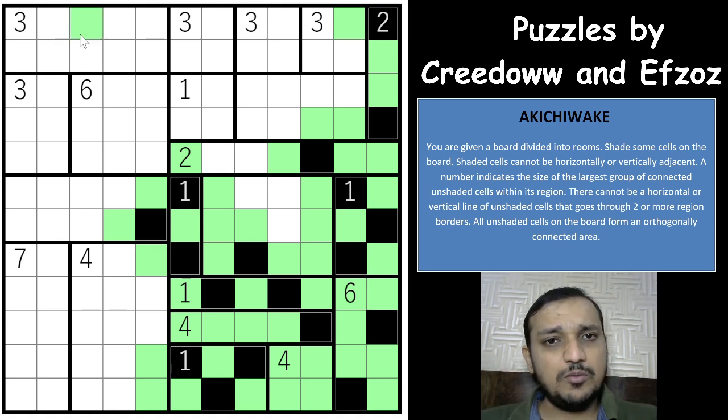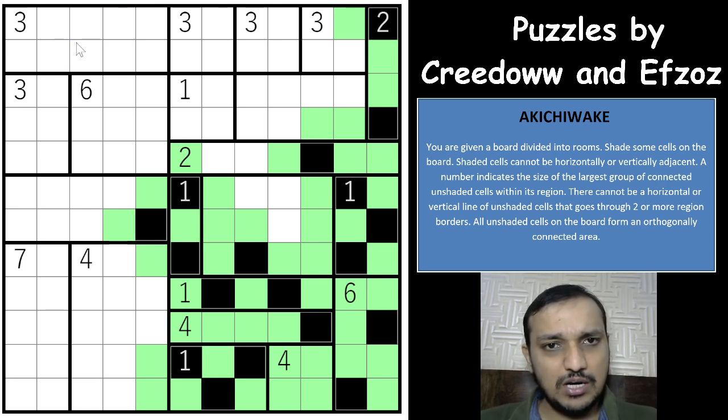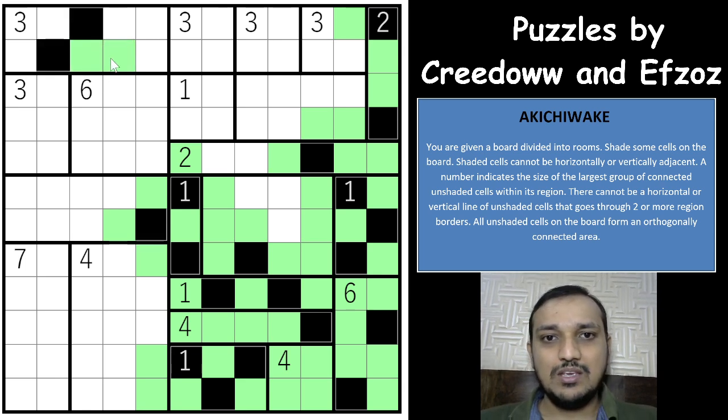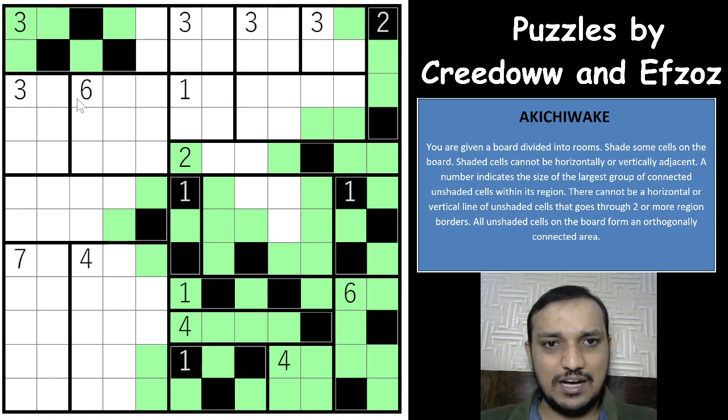Now what happens if I have both unshaded? You'll have one unshaded here, one unshaded here, and then you'll have a group of 4 unshaded cells. Whatever be the case, you'll have one shaded and one unshaded, one shaded and one unshaded, one shaded and one unshaded. And the only possible way to work that is this way, because the other way will have a white cell stranded. That's an amazing piece of logic here.